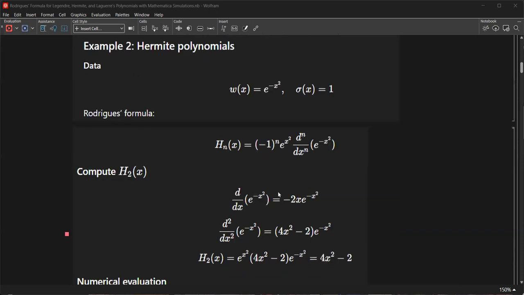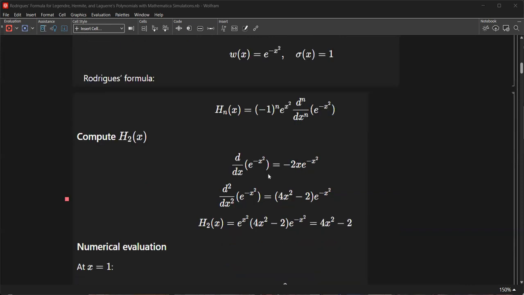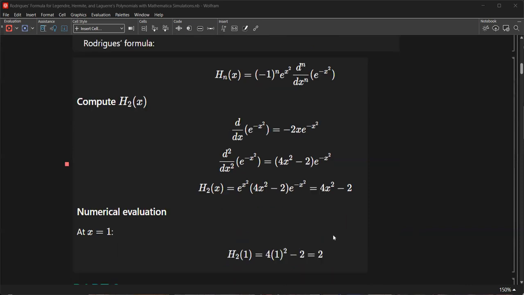Since n is equal to 2, we have the second derivative of e to the negative x squared, that is 4x squared minus 2 times e to the negative x squared. So the Rodrigues formula for the Hermite polynomial gives 4x squared minus 2.